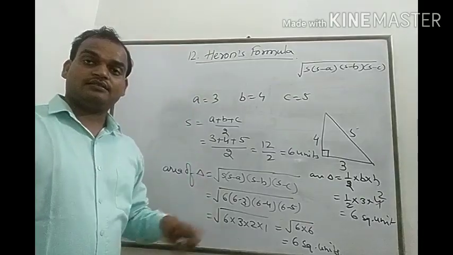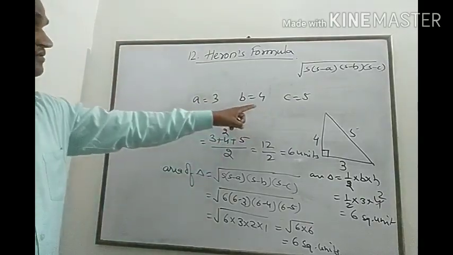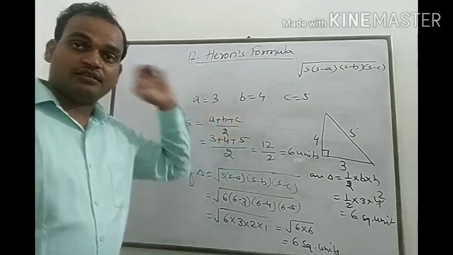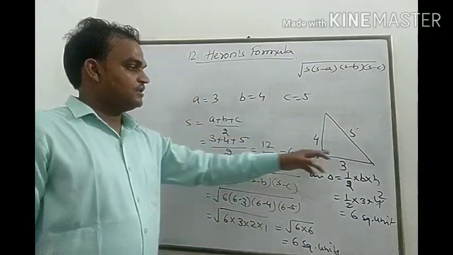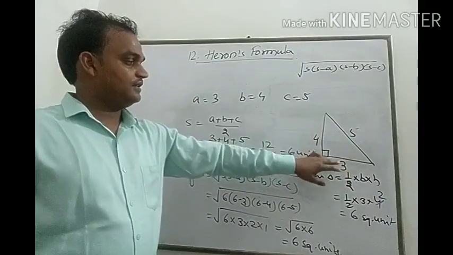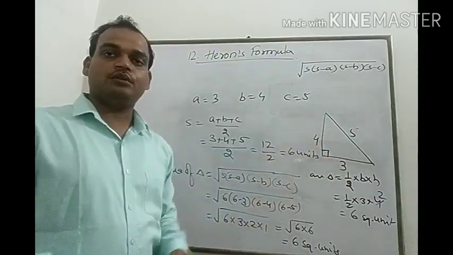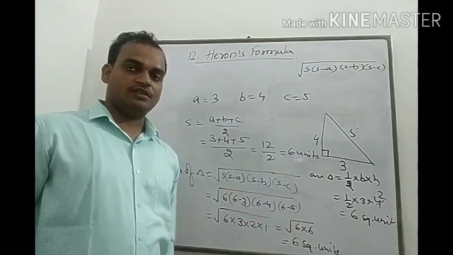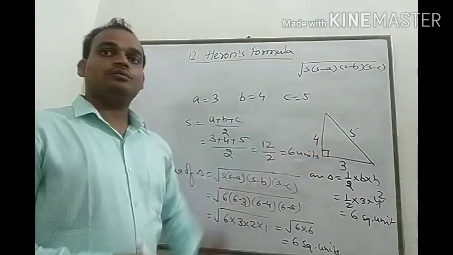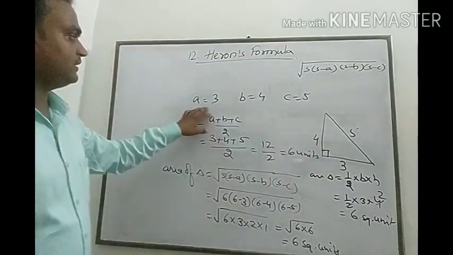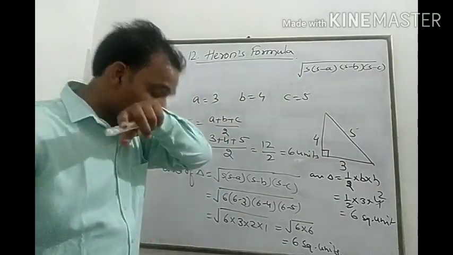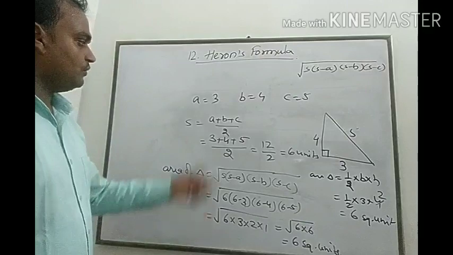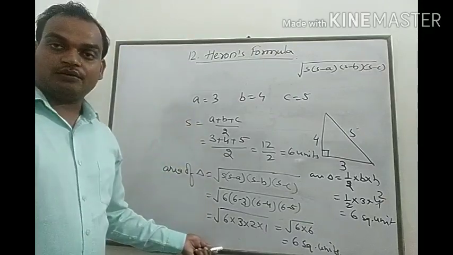We know that this is a Pythagorean triplet 3, 4, 5, which follows the Pythagoras theorem. So we know that 3 and 4 are perpendicular to each other. We found it in this way, but if we don't know that 3, 4, 5 are sides of a right angle triangle, we go by this formula.